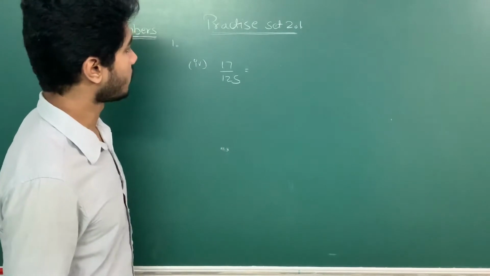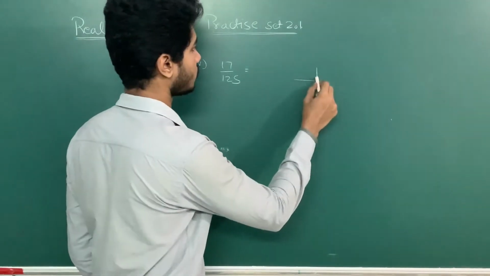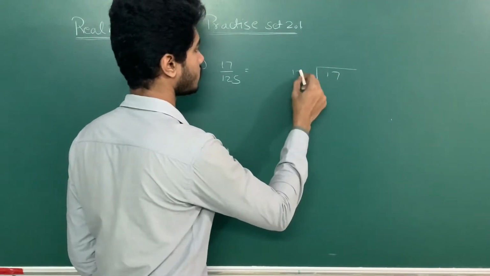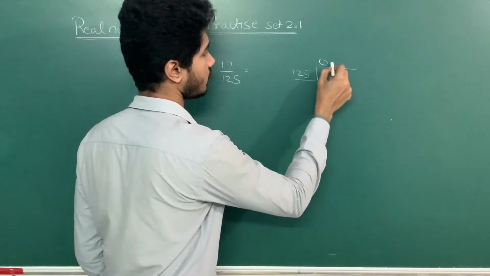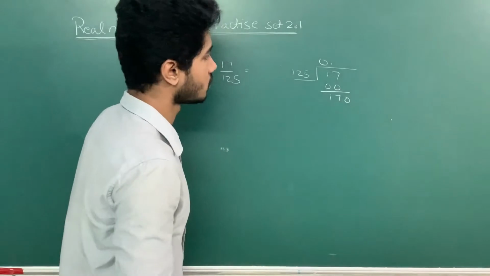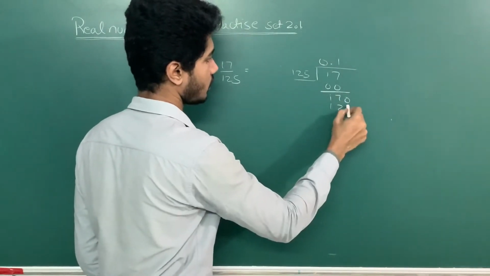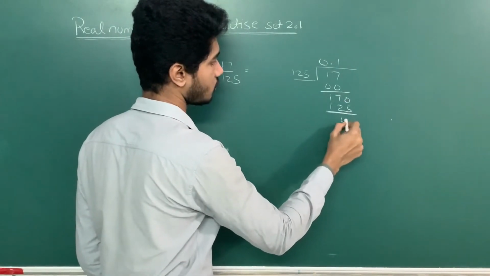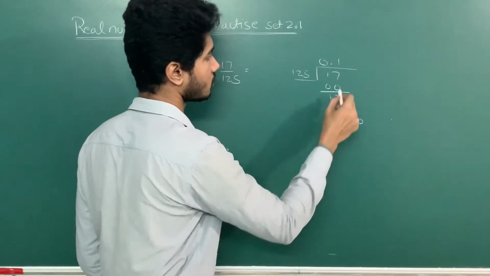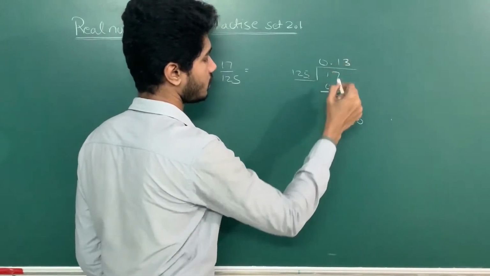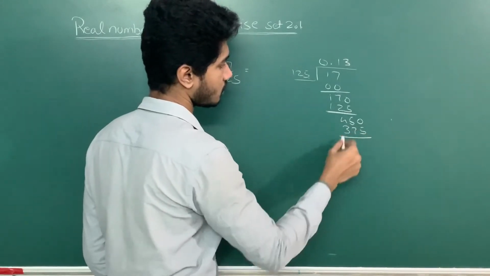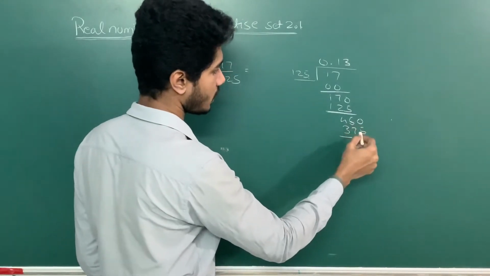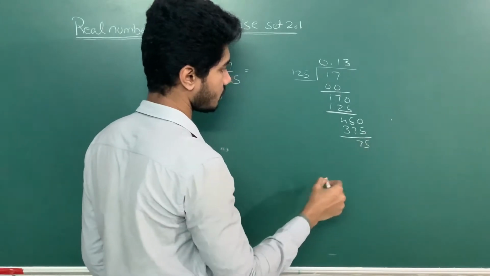Fourth question, 17 upon 125. Do it by the division method. 0, 170, you get decimal. So you can take 1s out, 125, you get 450. Then you get 75 when you subtract this.